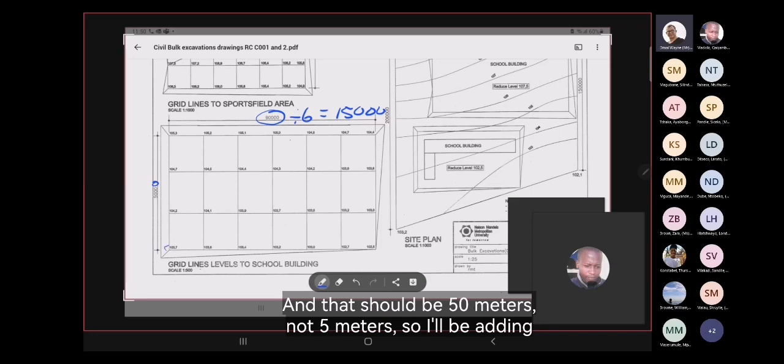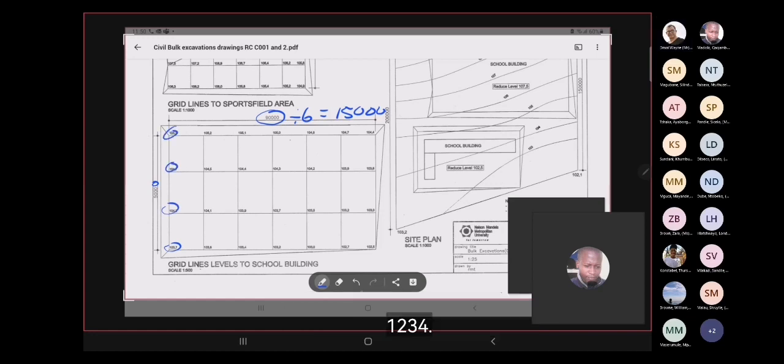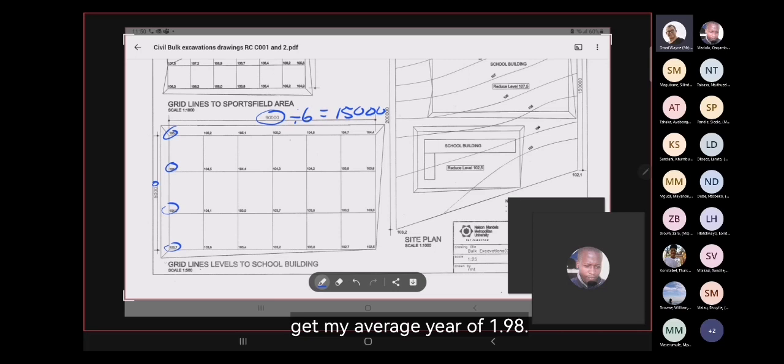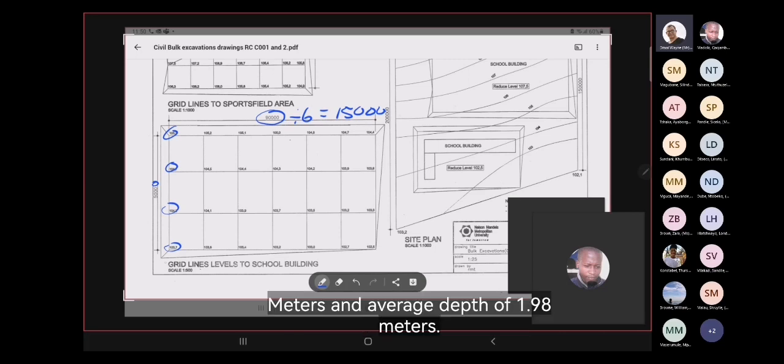So I'll be adding 1, 2, 3, 4. Adding those over there and dividing, I get my average of 1.98 meters, an average depth of 1.98 meters.